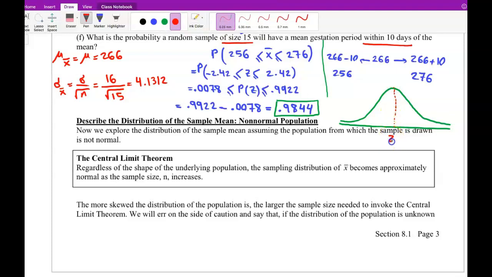Once again, here we have z equal to 0, on this side z is negative 2.42, and here z equal to positive 2.42. And we got the answer for this part, what the area is: 0.9844.